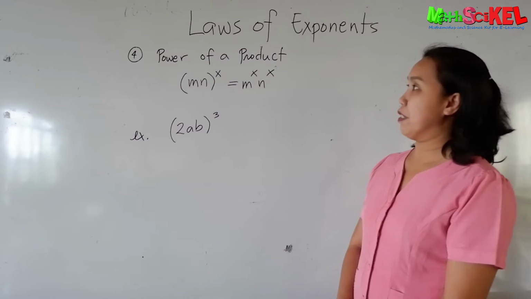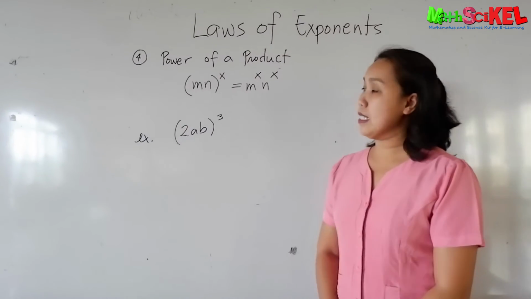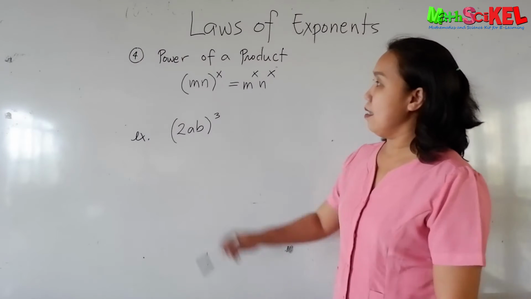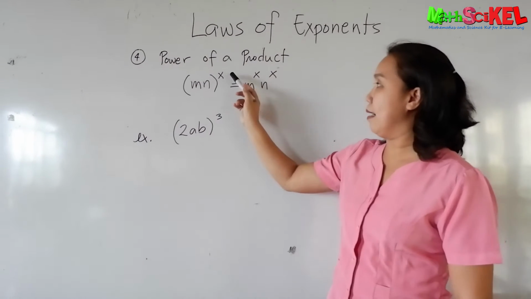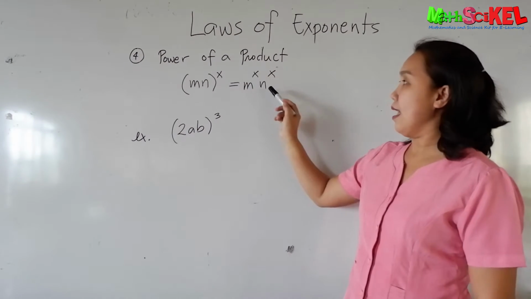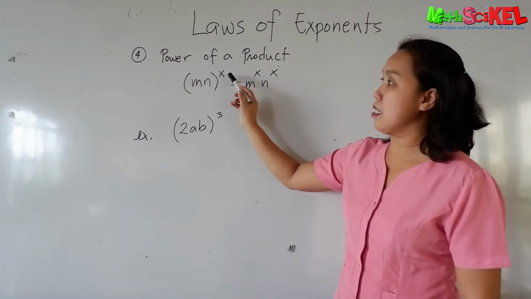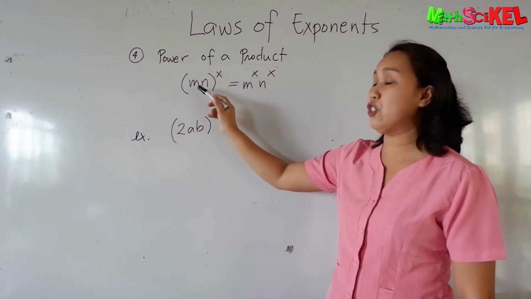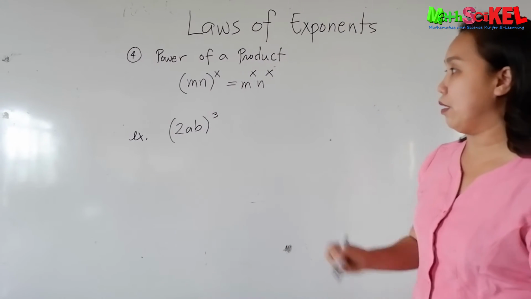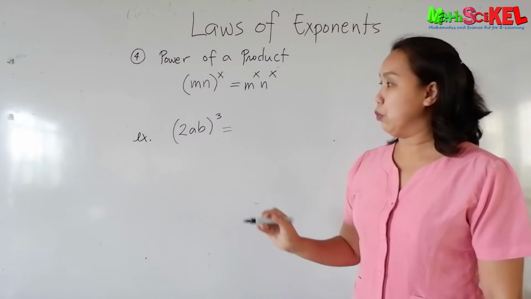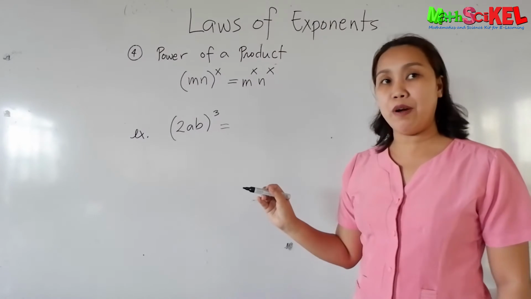The fourth law of exponent is the power of a product. As you can see, the given form is the product mn raised to x, which will become m raised to x times n raised to x. This simply means you just distribute the exponent to each term. So let's take the example: 2ab raised to the 3rd power.